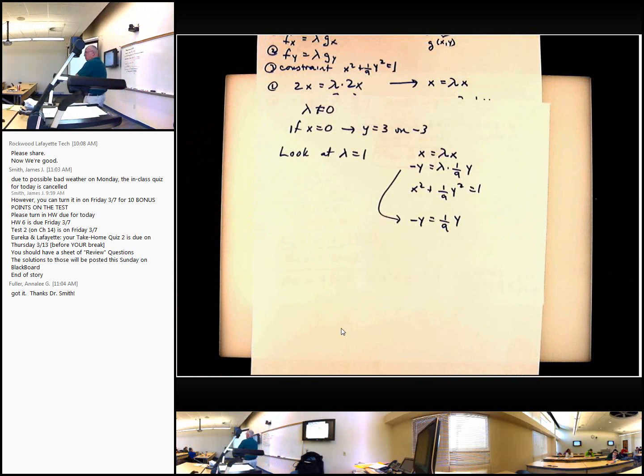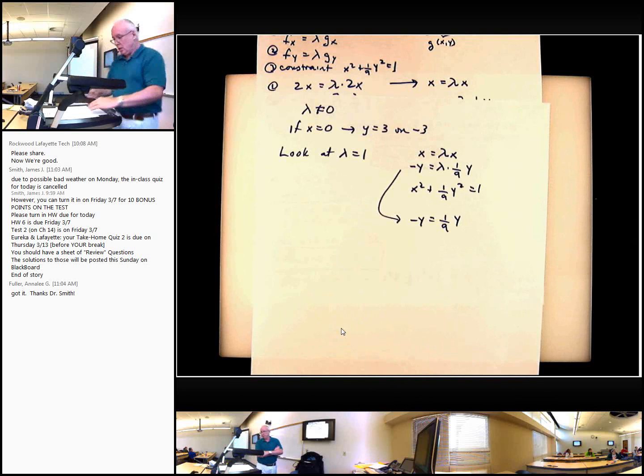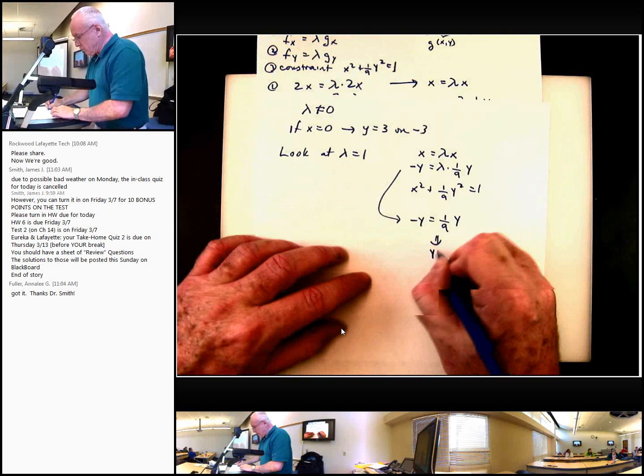Now, what's the only number that's going to work there? If negative 1 times a number equals 1/9 of a number, the only thing that's going to work is 0. We all agree on that? So that means y is equal to 0.